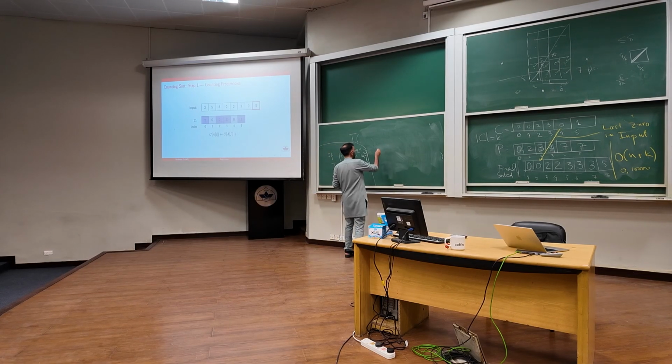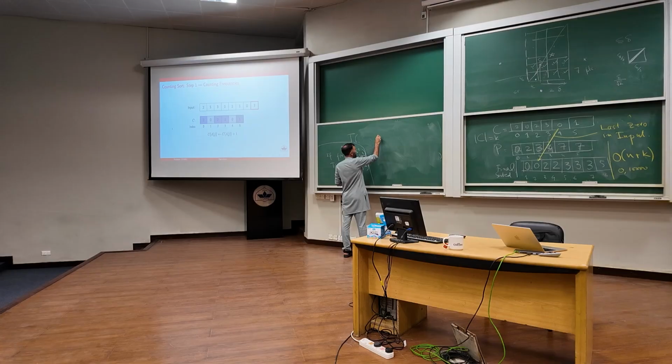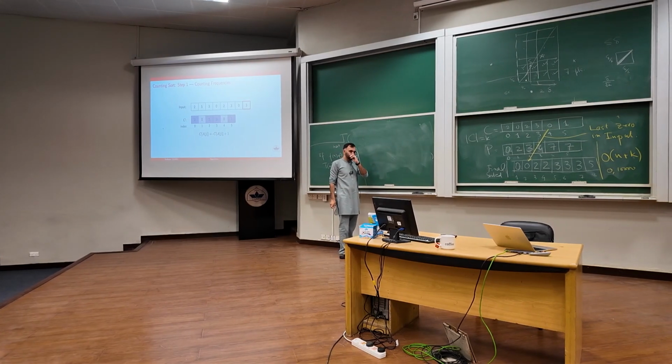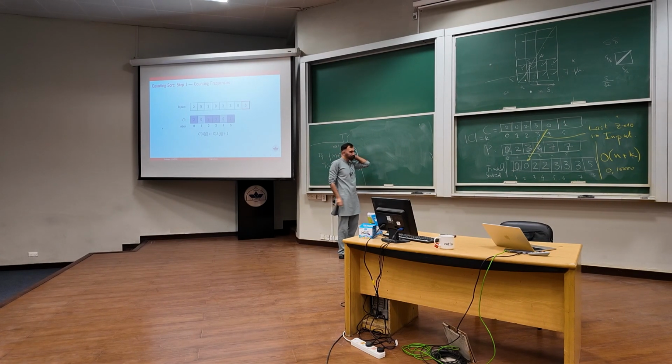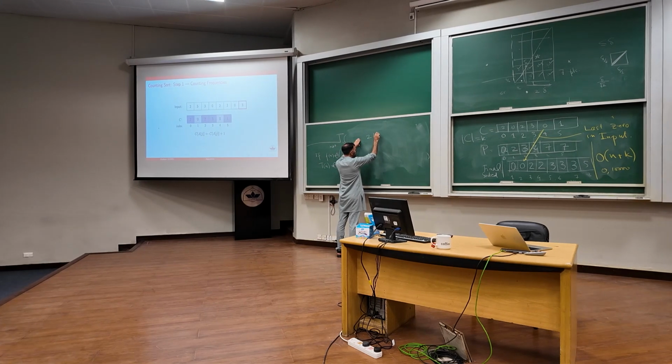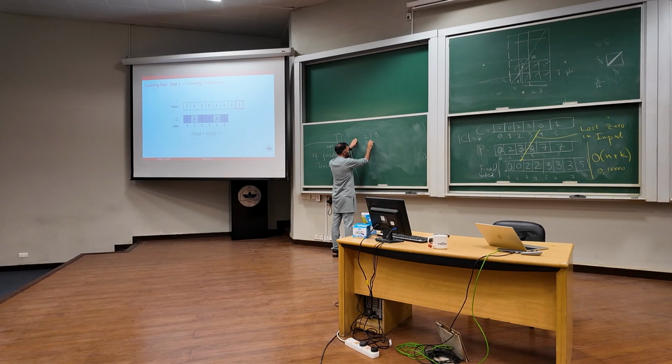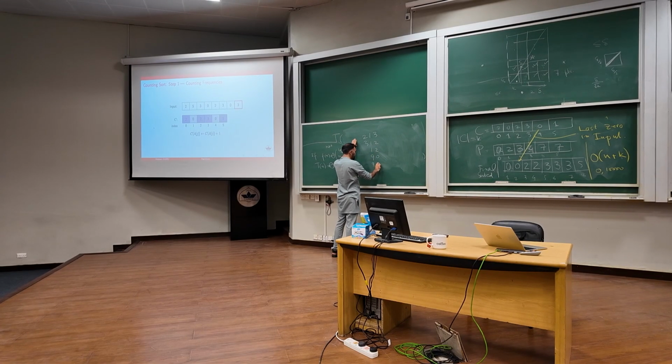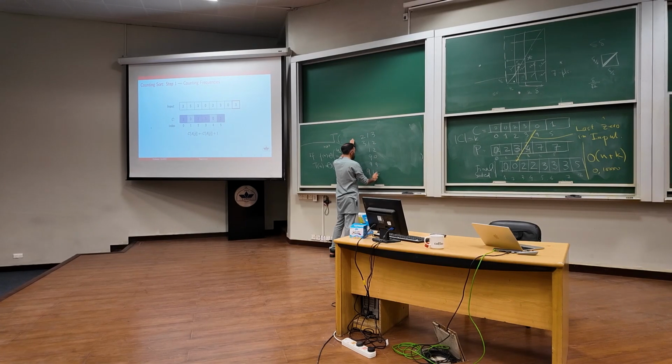But what if you have numbers which are between 0 and 1,000? So you have numbers like 213, 312, 12, 90, 99, 912.